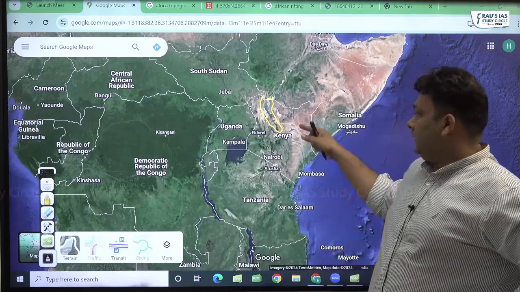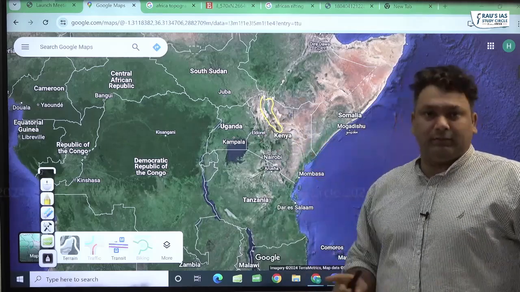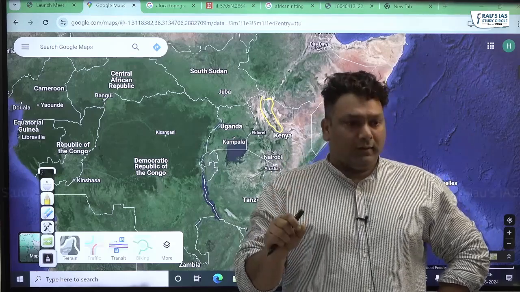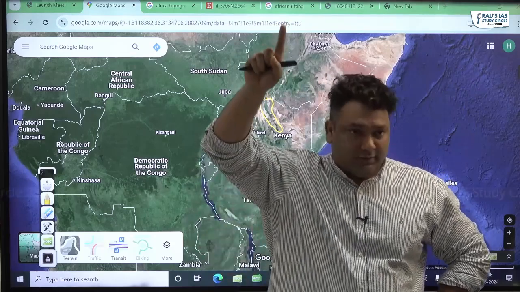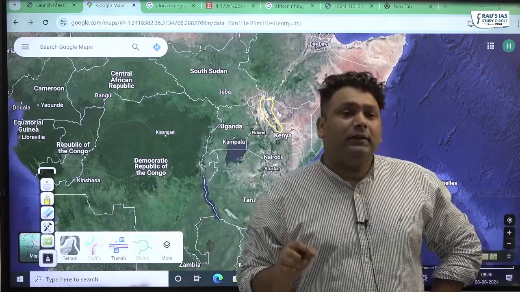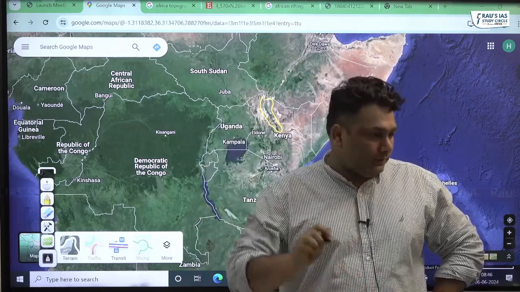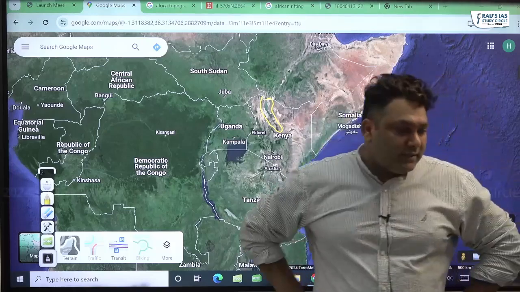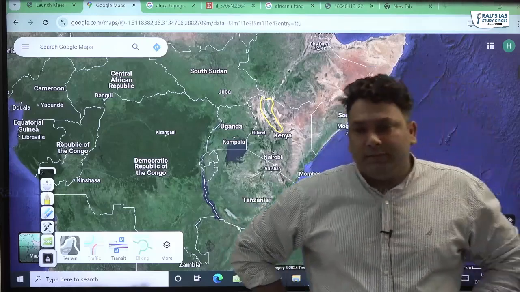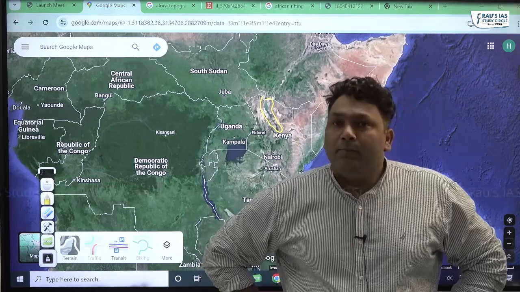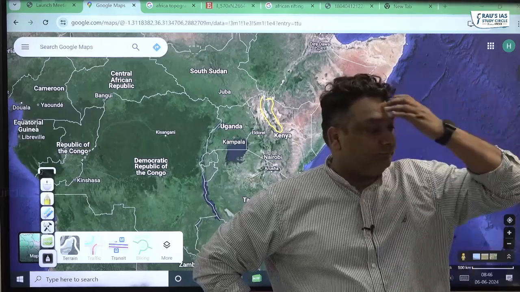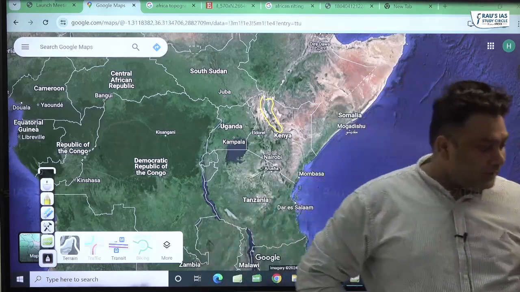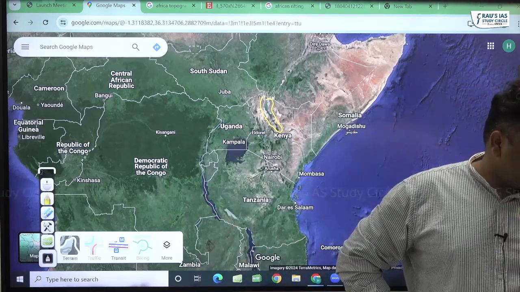See, look at this region. This region is a dry region. In a dry region, if there is not enough source of water and if there is a lot of evaporation, that lake will turn alkaline or salty. Write the next point. It's the world's largest permanent desert lake.